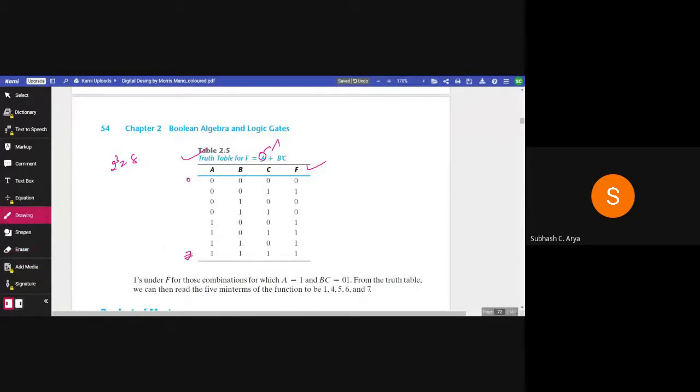So we have to write F is equal to 1 when A is equal to 1. You see this is a column and we have to look where A is equal to 1. So at these four places A is equal to 1, and then we straightforwardly write F is equal to 1 at these four places.